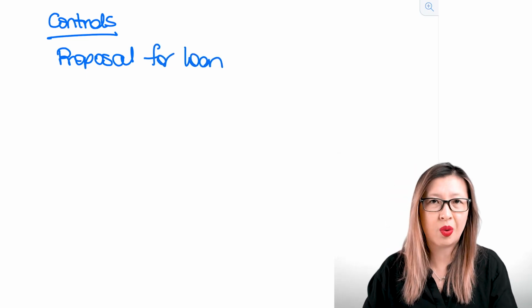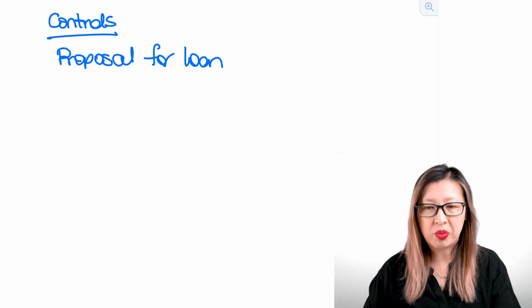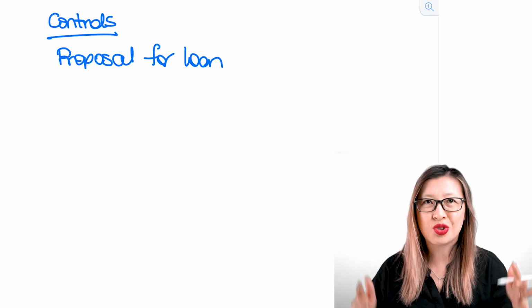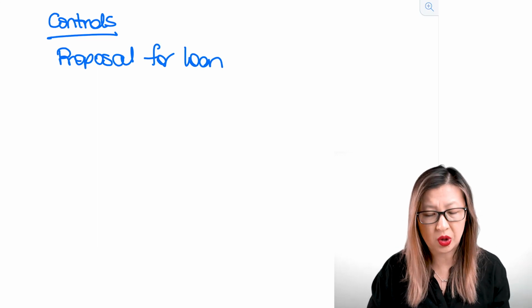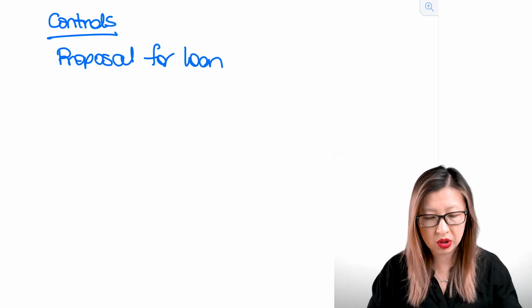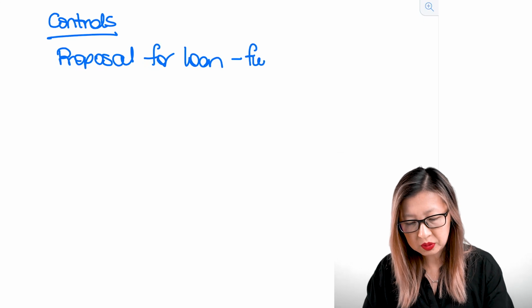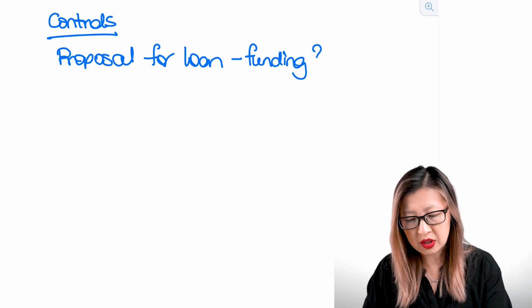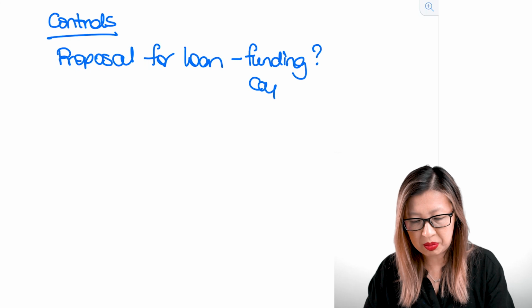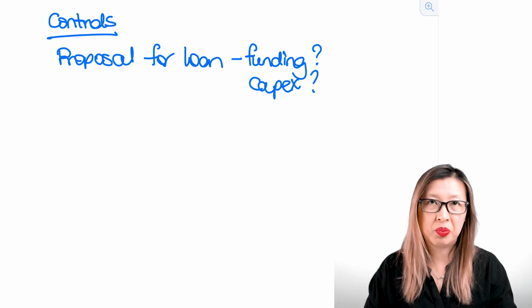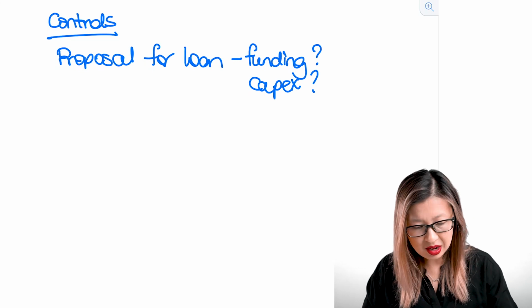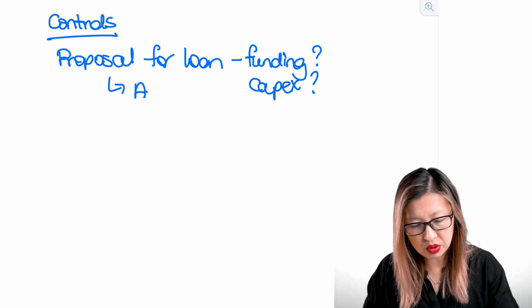So the business can't just go out and get a loan and then expect the board of directors to just say, yep, sure, we'll sign off on that loan. So there needs to be some sort of proposal for a loan, and we want to find out, what are we trying to fund? Is it some sort of capital expenditure? Is it something else? So there needs to be a proposal for a loan, and then that loan needs to be approved.